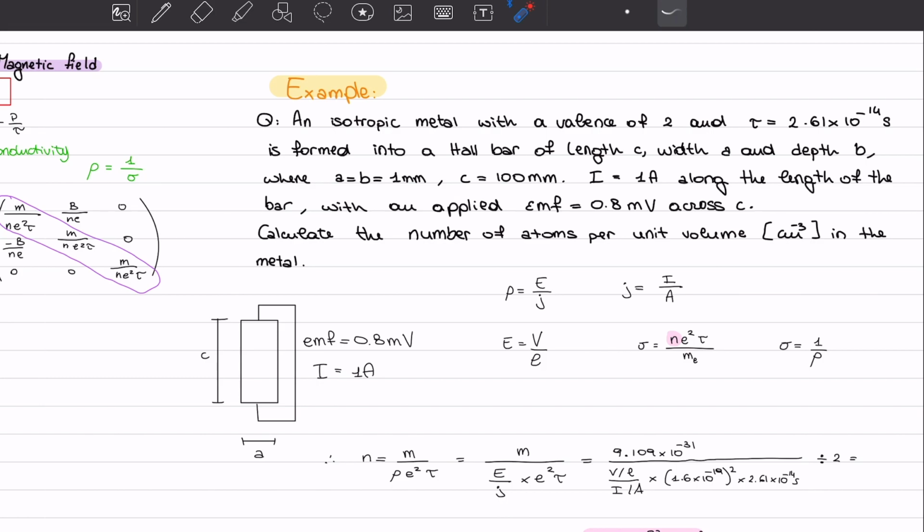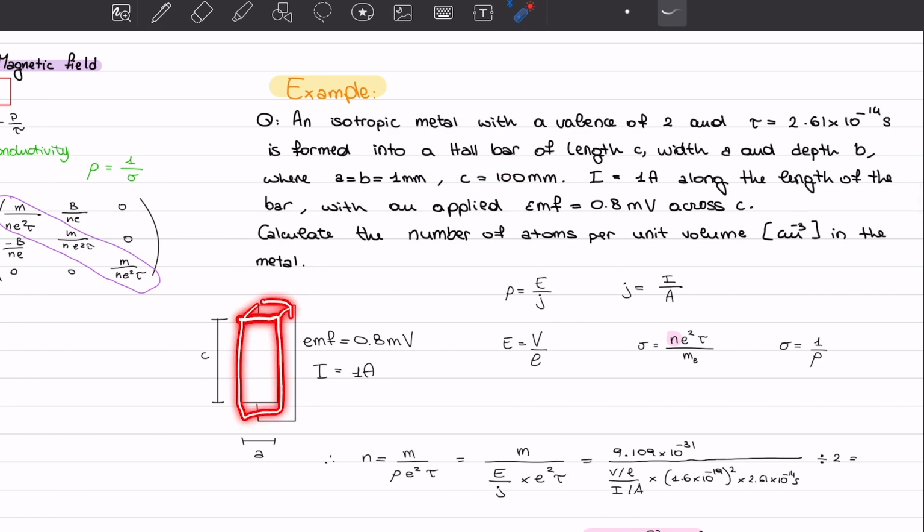So we have an isotropic metal with a valence of 2 and a scattering time of 2.61 times 10 to the minus 14 seconds, and it's a Hall bar. So again, this Hall coefficient is what we're talking about in this example. So we have a bar.